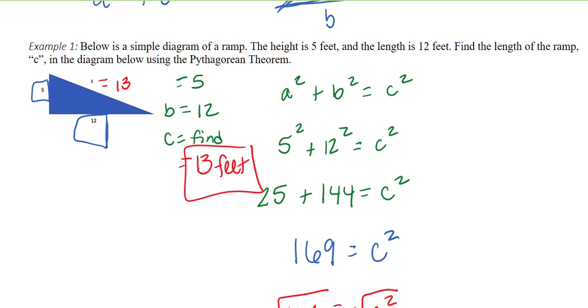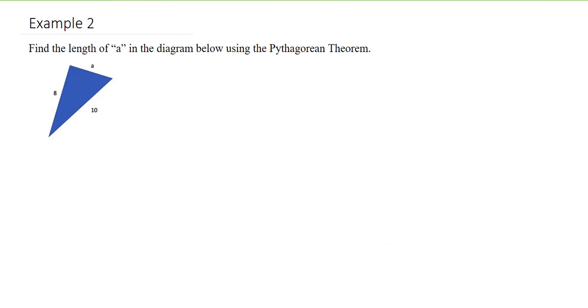Now let's do the next example. So example 2, we're going to find the length of A in the diagram below using the Pythagorean Theorem. So we have A squared plus B squared equals C squared. Now A, we're trying to find, B and C. Well, let's look at this.